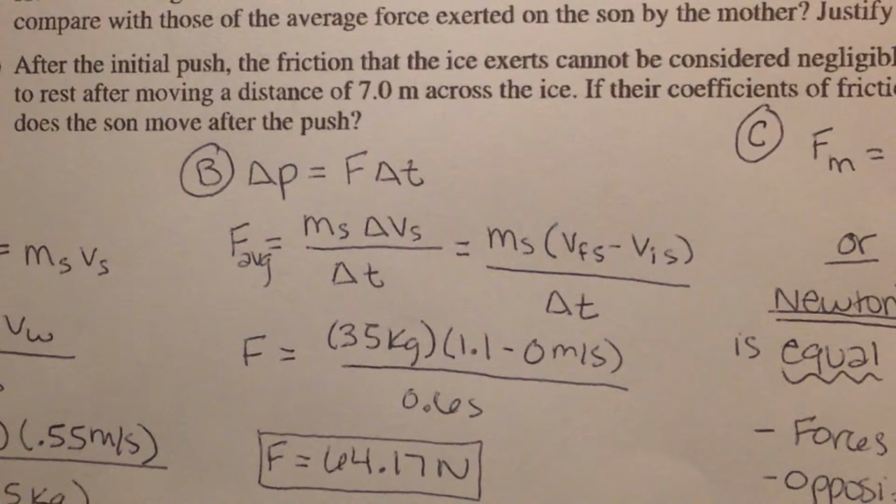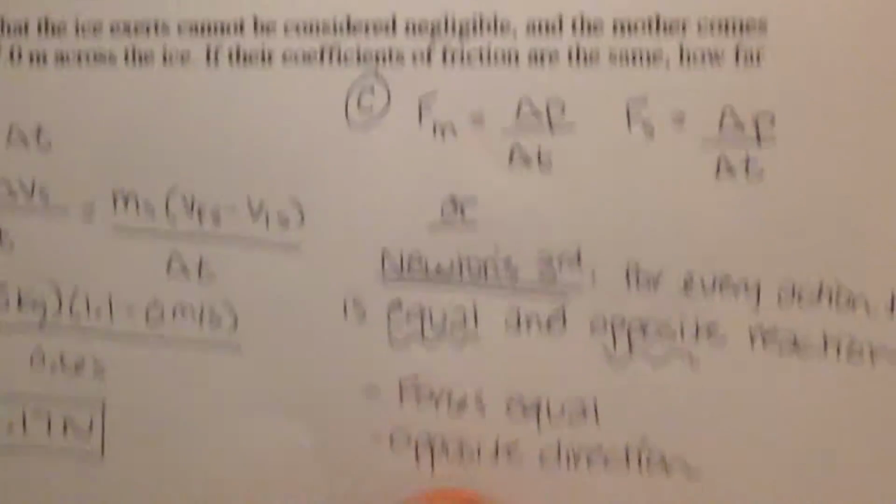So we can rearrange this, and we know that our average force is equal to change in momentum, which is mass times the change in velocity, over time. We can plug in the information they gave us in the problem, and our force is equal to 64.17 newtons. So the important idea here is that force is related to our change in momentum, which is an impulse, and you also need time to calculate those.